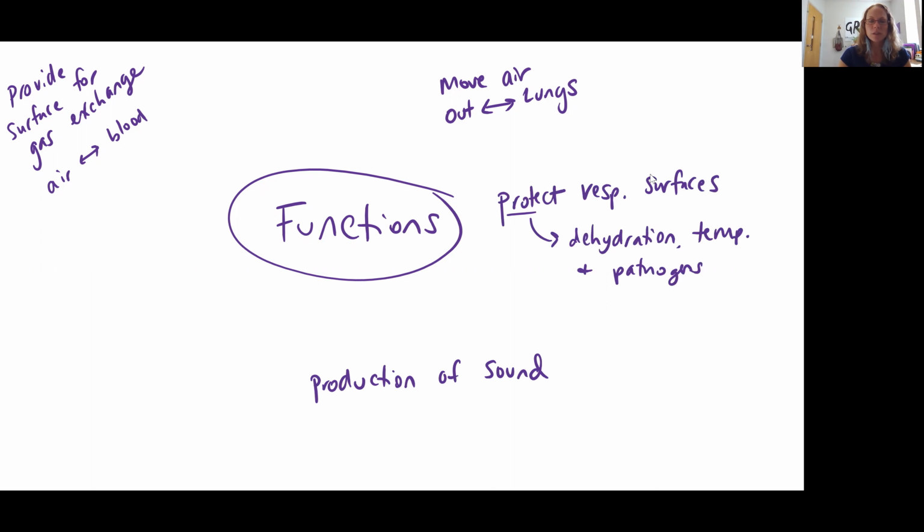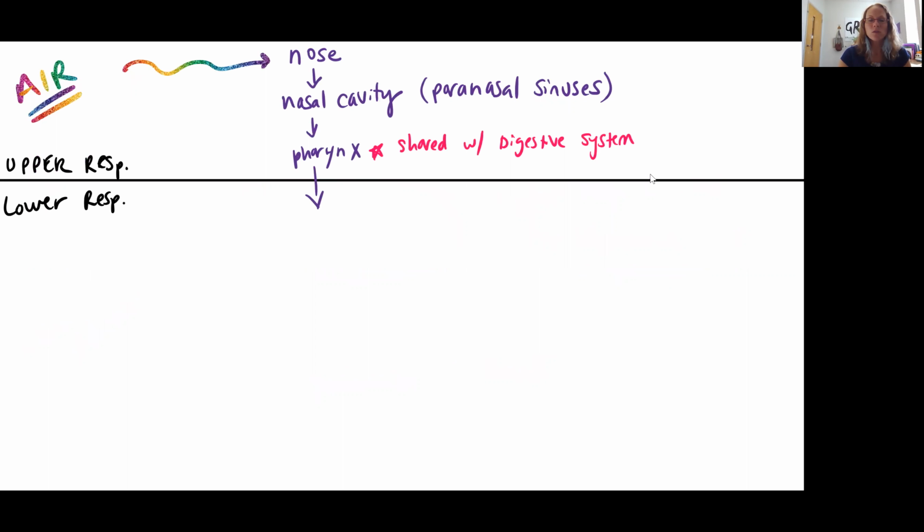The respiratory system is involved in the production of sound, so we'll just mention that real briefly. You'll look at those structures in a lot of detail as part of your lab work. And then also, we've already seen that the nasal cavity is important in olfaction, so that's a piece of information that we've already studied.